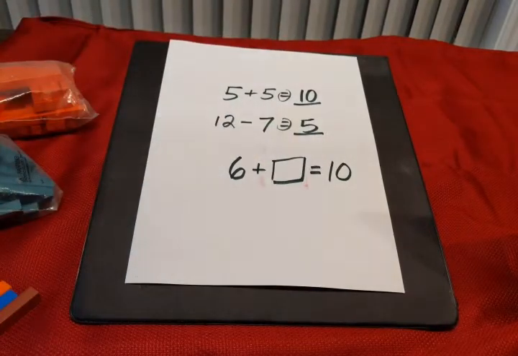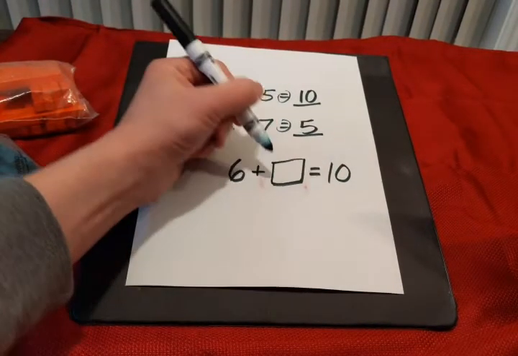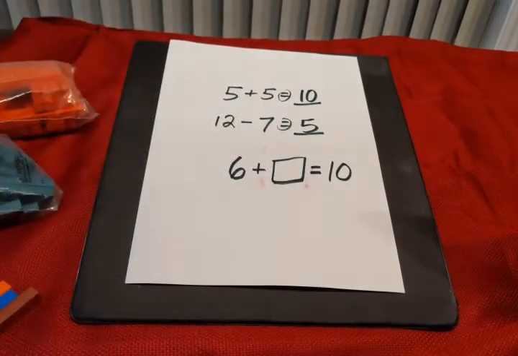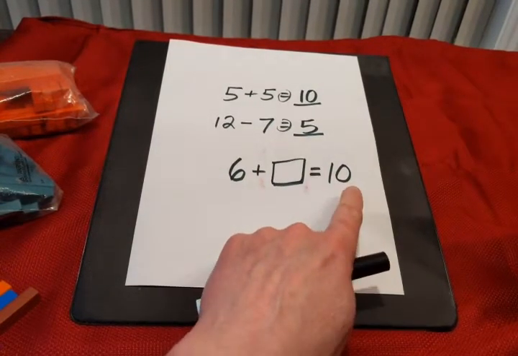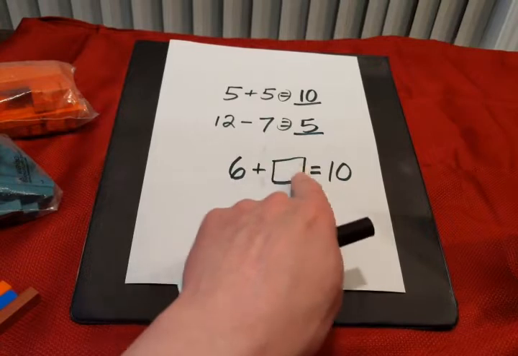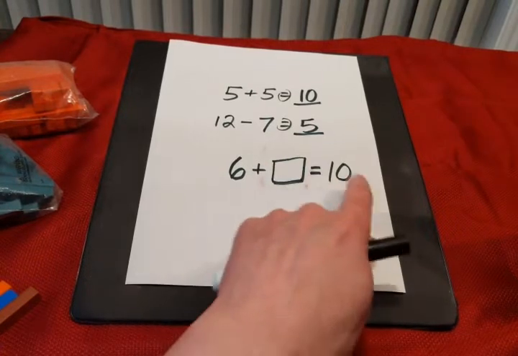Now, some of you might be jumping ahead and thinking, oh, wait, I know what that is. But let's look at how we can figure that out. How do we find out what is that mystery number? 6 plus something is the same as 10. So how many more is that 6 going to go to get to 10?